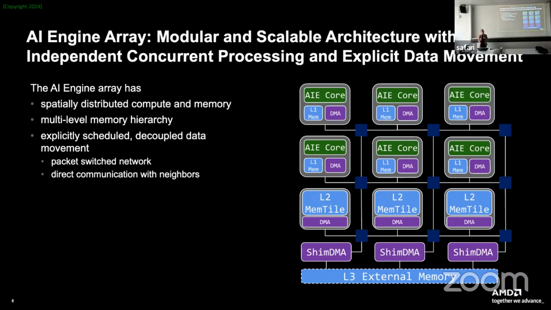At the sender side, you use half a DMA to fetch some data from the memory where it is at the level in the memory hierarchy. It puts it on that interconnect AXI stream network, and then the other half DMA at the receiving side picks it up and can write it into the proper memory depending on the memory hierarchy. For instance, for a compute tile, it would write it into the local memory so that for that worker, the data would be available that it wants to work on.